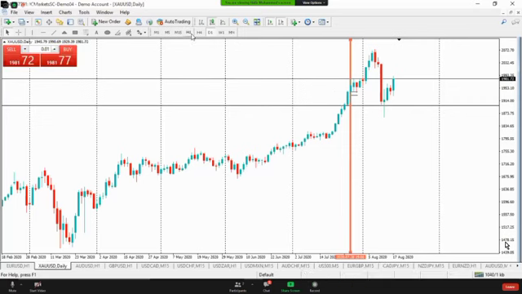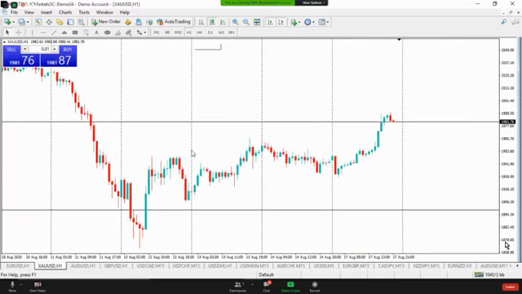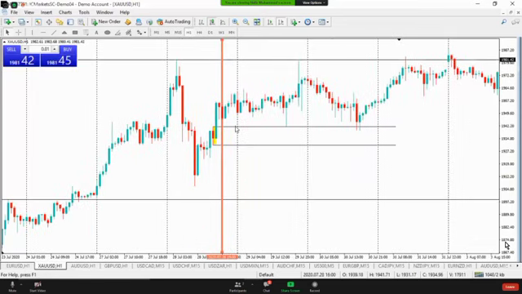So now let's look at the H1. So when he came to the H1, this is the time he made the analysis. I don't remember which day this was, but as you can see, he looked for a good imbalance that was close to the current market price and close to the low.